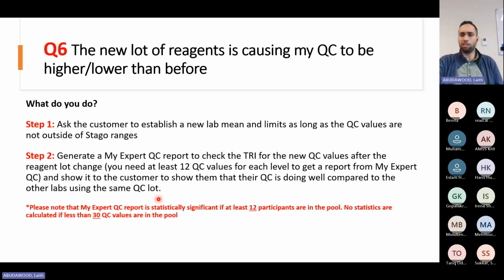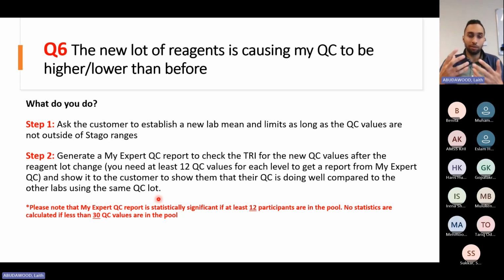And that usually closes the case for the customer, because now they have actual objective evidence that they don't have a serious problem that they need to investigate or that might affect their patient results. And that really is the point. We need to show the customer that the patient is not affected. If you notice in all the 60 questions that we discussed, the recurrent action that we have to do is to prove to the customer using objective evidence: MyExpert QC report, comparison results, repeatability results, CV and SD, reproducibility results, CV and SD.